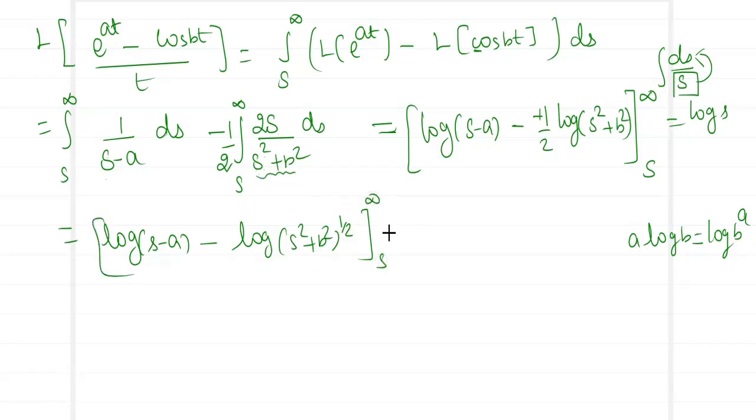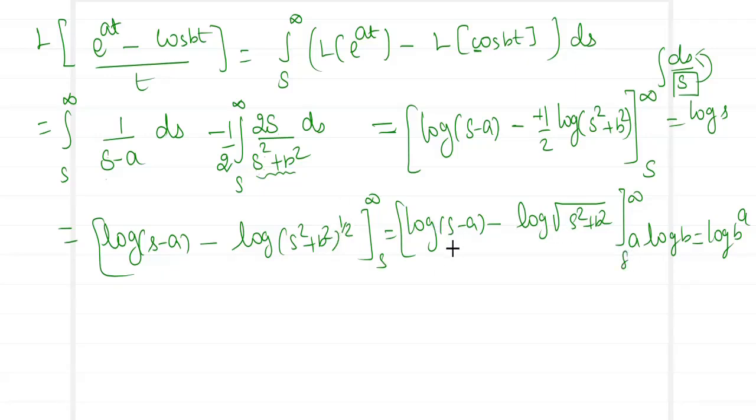Whole power half, I can write it as log of s minus a minus log of square root of s square plus b square. This is how I can write the values from half over here in my numerator.